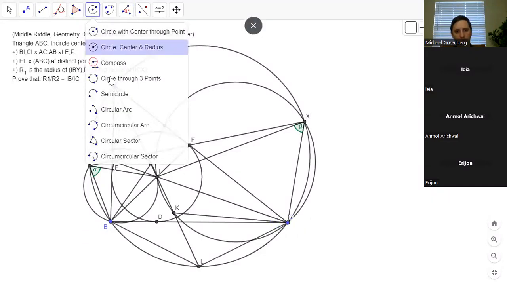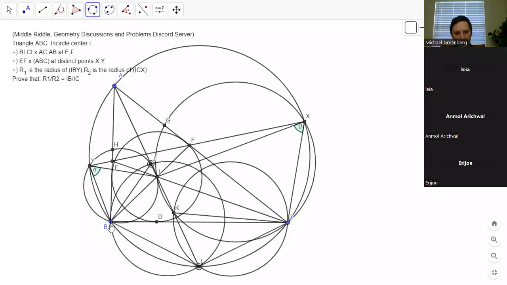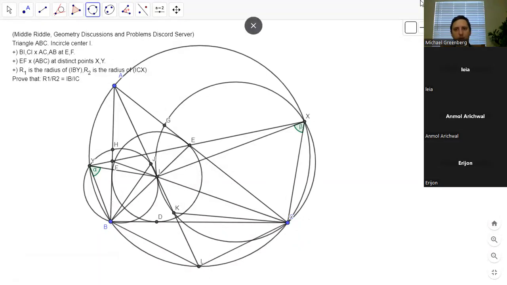So we could show that this and this have the same size circumcircle. That would solve the problem. I don't know if I'm making this easier or harder than it is originally.